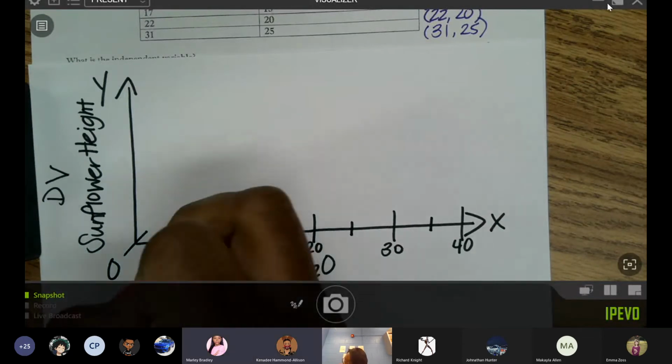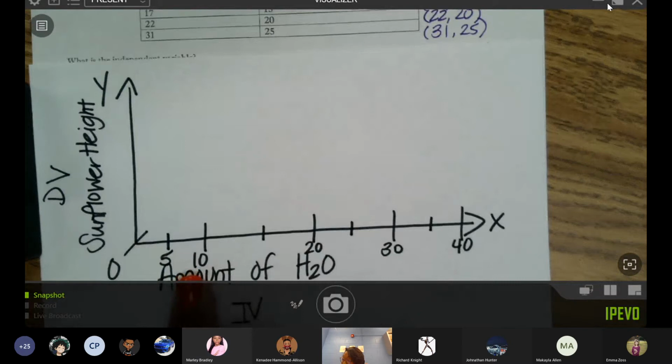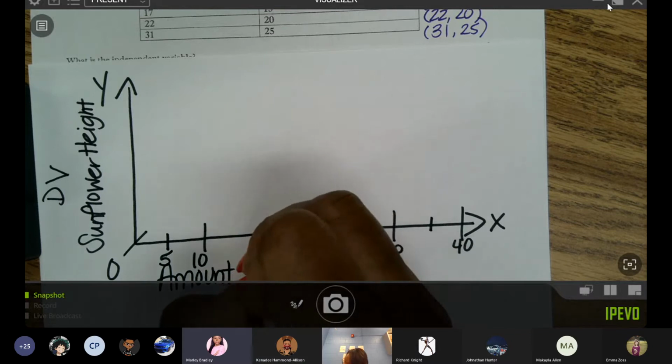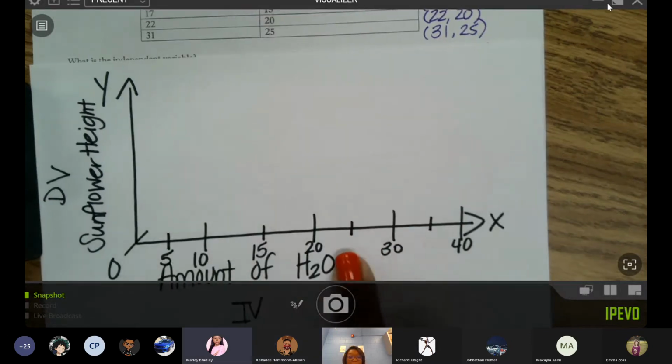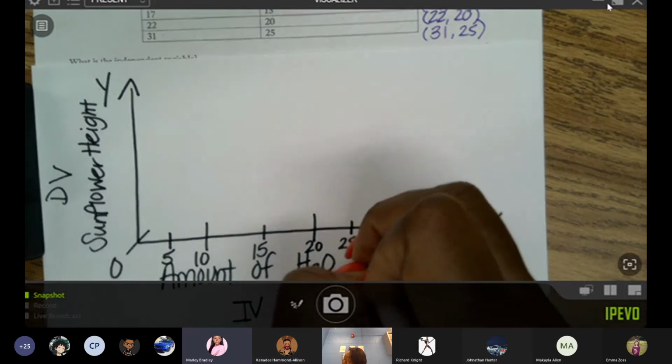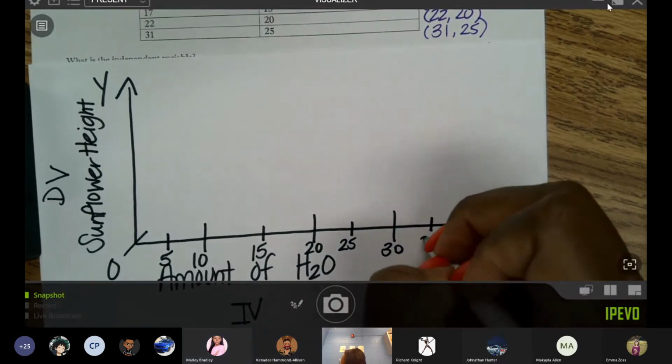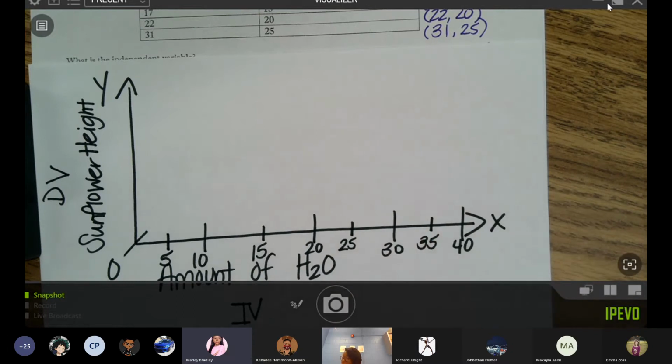If this is 10 and this is 20, what number is this? 15. This number? 25. And this number? 35. Very good. So we've got our x-axis labeled.